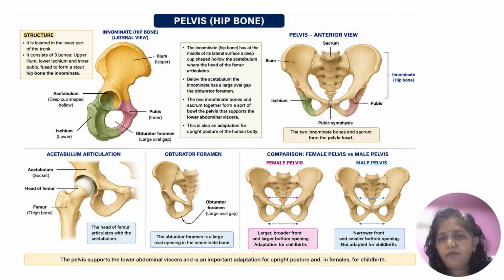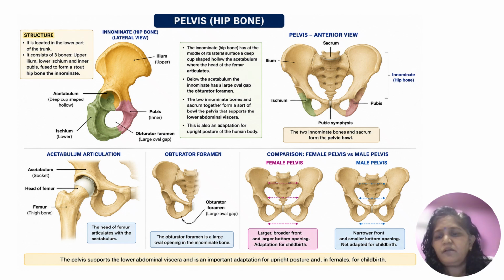Now, the pelvis you have seen is one side structure, but it has two sides, and both sides are connected with the help of the sacrum, the vertebral column, which is fused in the adult, and in kids it is five separate vertebrae, which have been fused over here. We had studied this in the vertebral column.